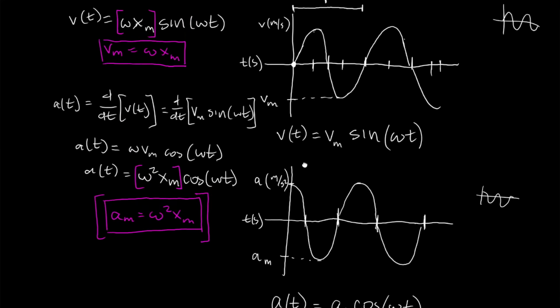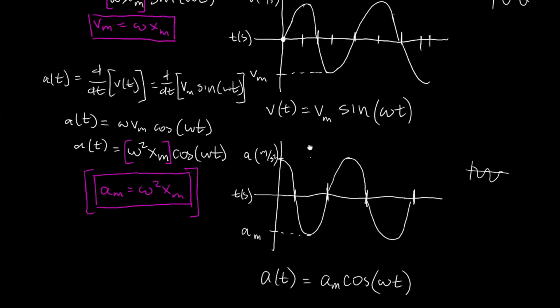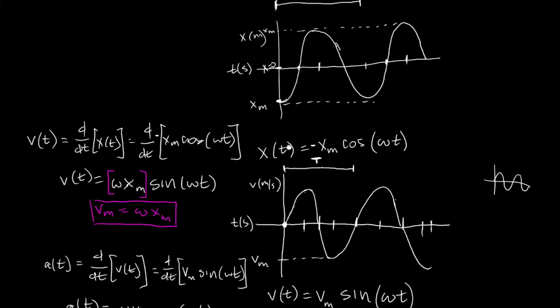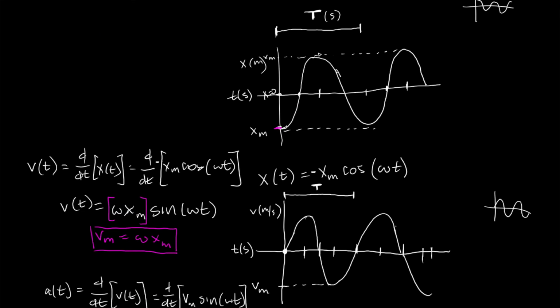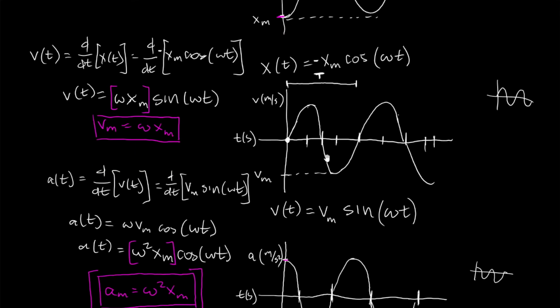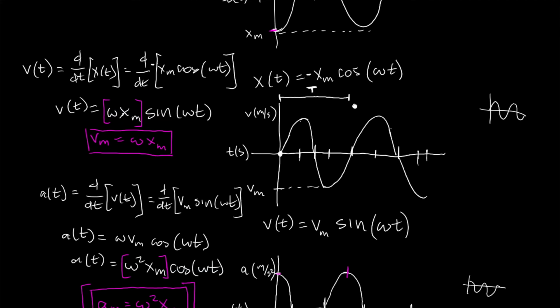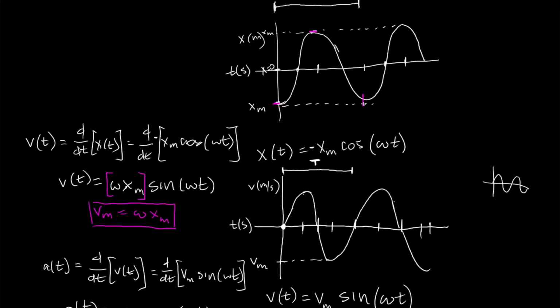So notice, if we look back at our graphs, our maximum acceleration occurs at the same time that our maximum position occurs. Maximum acceleration corresponds to maximum displacement from our equilibrium point.